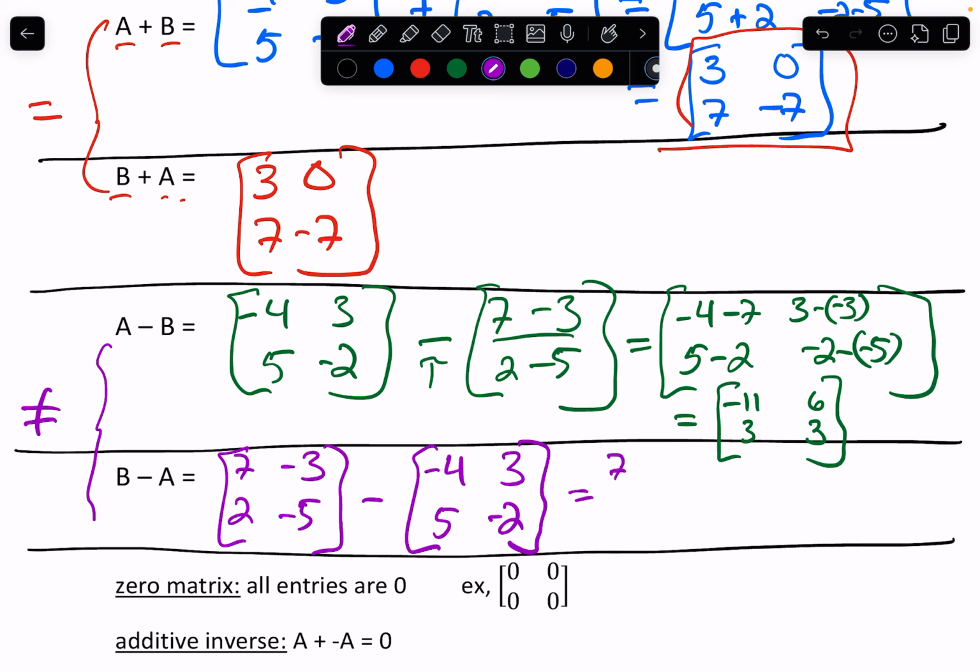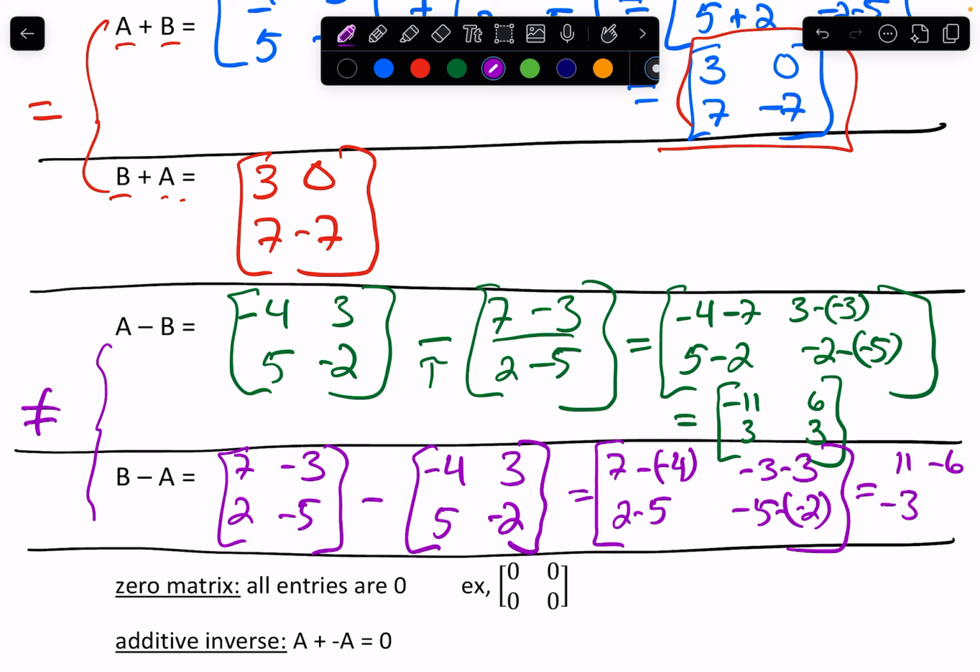So 7 minus negative 4, negative 3 minus 3, 2 minus 5, and negative 5 minus negative 2. So 11, negative 6, negative 3, and negative 3.